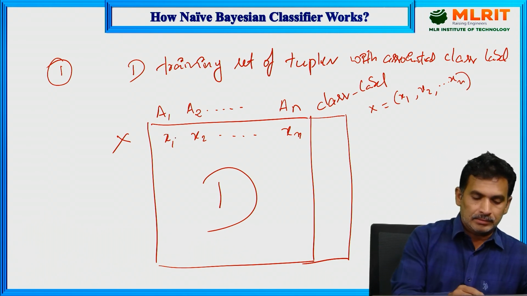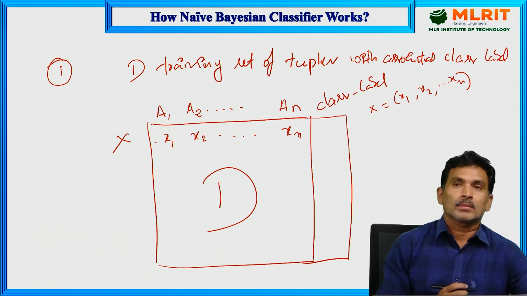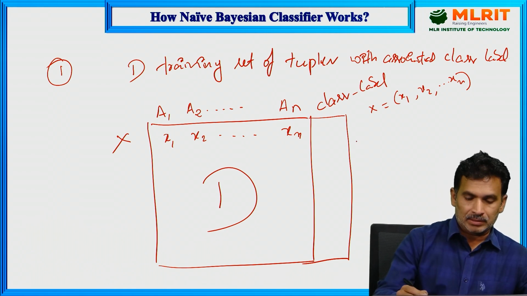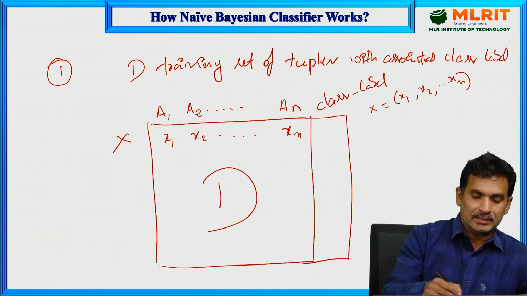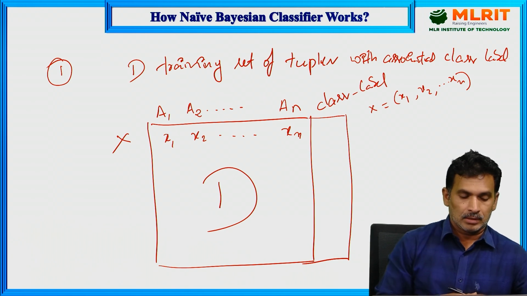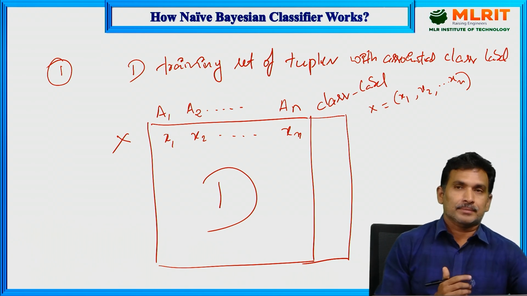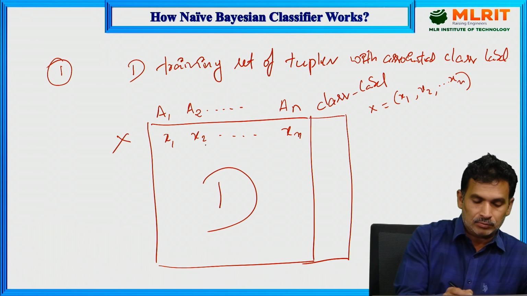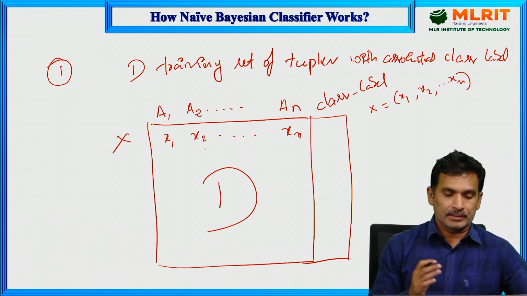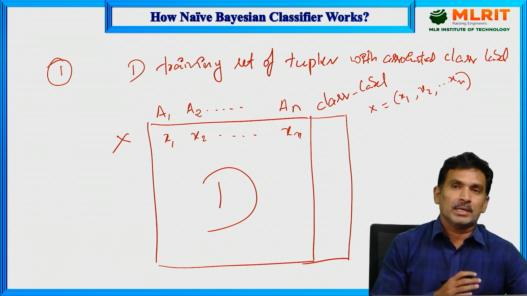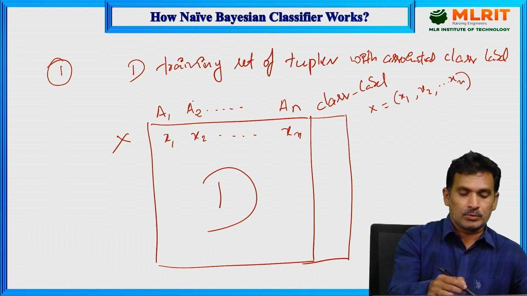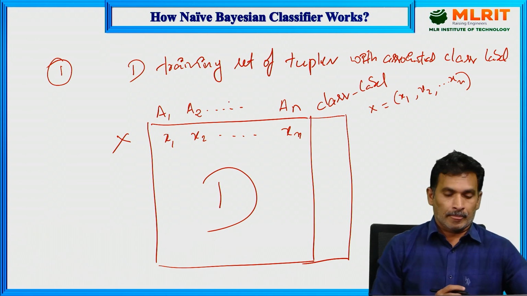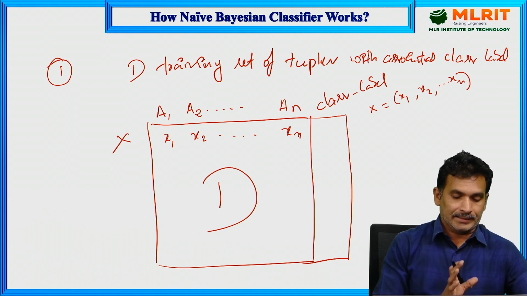These are the measurements. So x1, x2, x3, and so on, xn depict the measurements taken on the attributes a1, a2, a3, and so on, an for the tuple X.